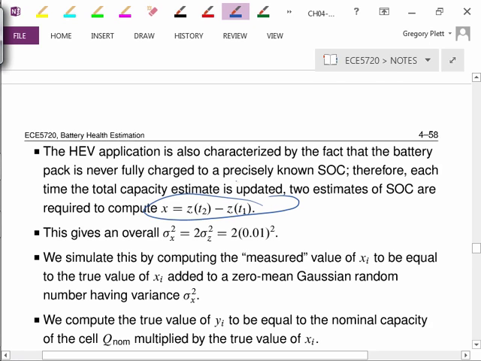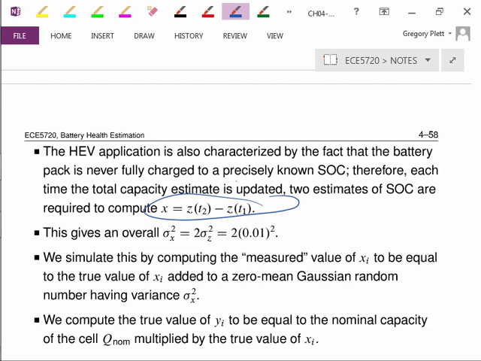So I compute my x is equal to z at time t2 minus z at time t1, and the overall sigma x squared is, if I assume these updates are independent from each other, which if some time has elapsed is probably close to true.